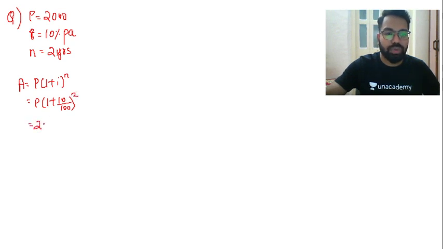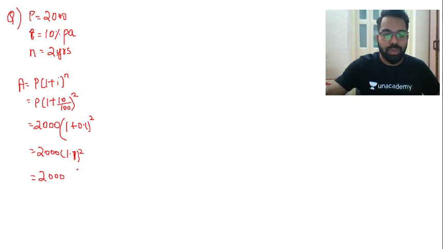This is nothing but 2000. 10 upon 100 is 0.1. So this is 1 plus 0.1 the whole square. It's nothing but 2000 into 1.1 whole square.